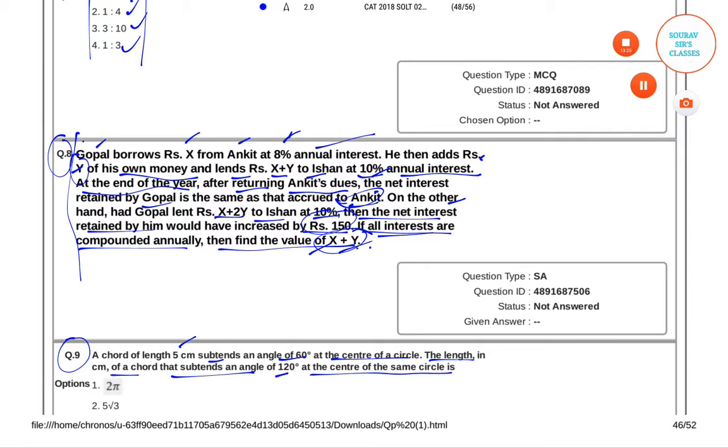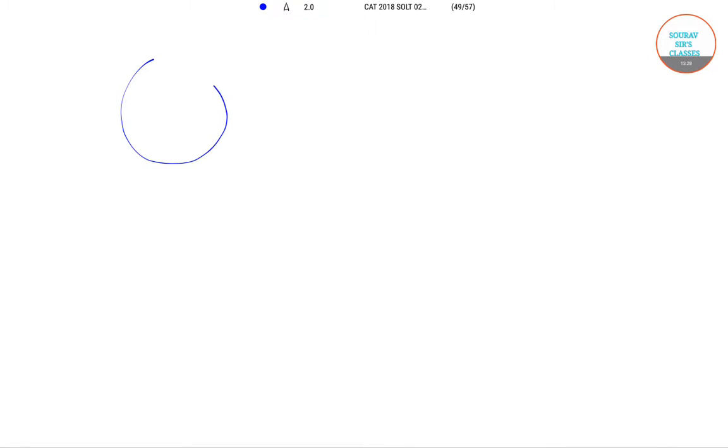Okay, so first of all let us draw a circle, and then it has been said that we have a chord of length 5 cm, and this chord subtends an angle of 60 degree at the center of the circle, which is O. Let us take the radius of this circle as r.